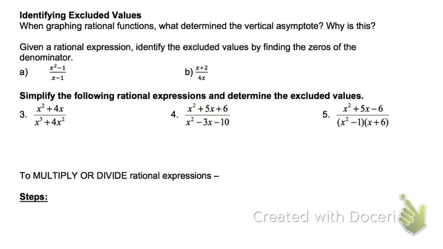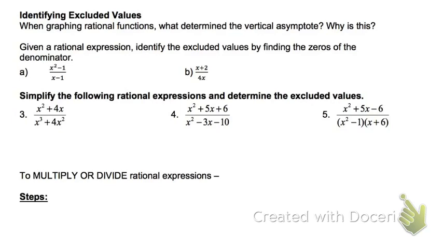So you might see, simplify this rational and include the excluded values, or write down the excluded values. We'll get more into what an excluded value is when we start graphing, but it's an asymptote. That's basically where the rational, or the function, doesn't touch.